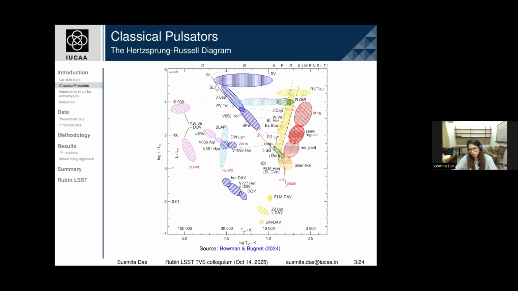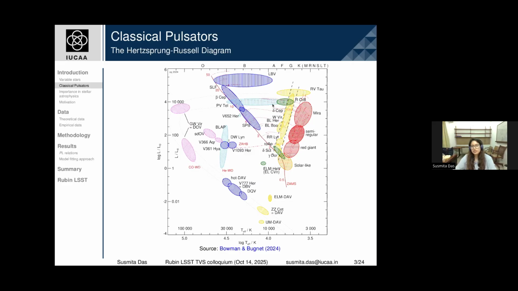This is characterized by an extension over the entire luminosity range, but constrained over a very narrow temperature range on the HR diagram. The most popular classical pulsators are the RR Lyrae, which lie at the intersection of the horizontal branch and the classical instability strip.